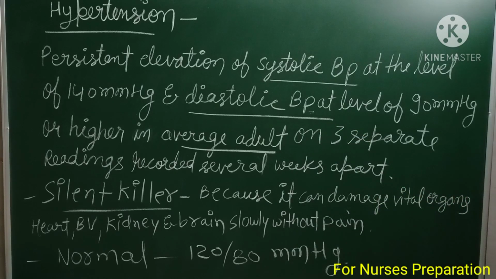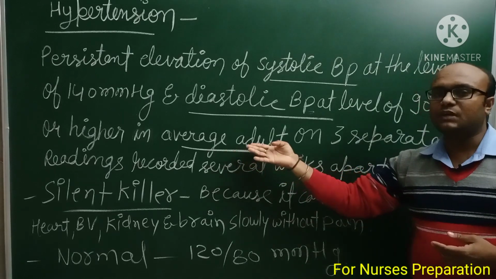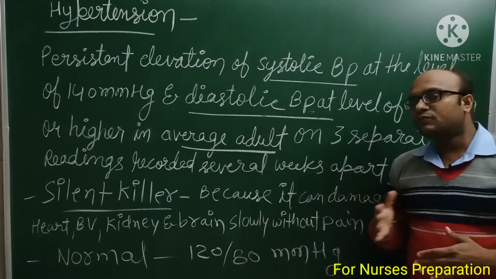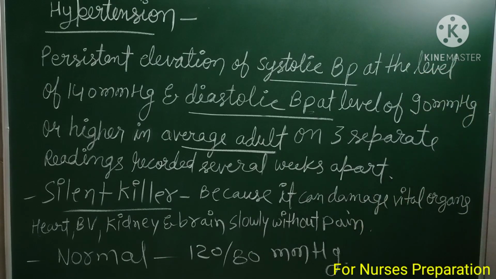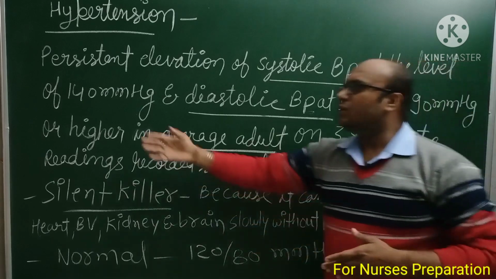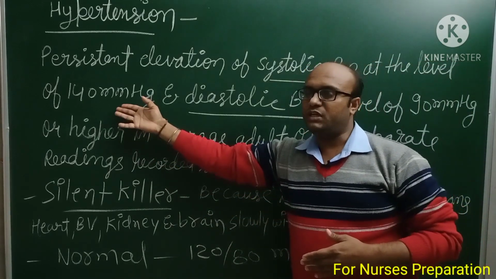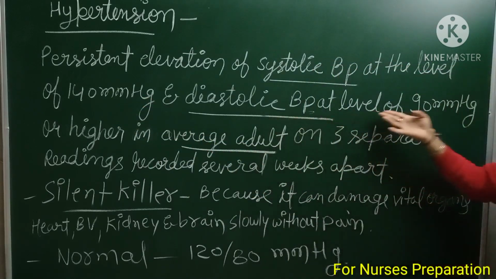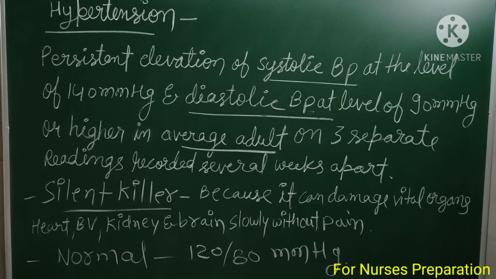So if in an average adult person, we check BP in a gap of few weeks 3 times, and his systolic blood pressure is 140 or more than 140 mm of Hg and his diastolic blood pressure is 90 mm of Hg or more than 90 mm of Hg, it is known as hypertension.